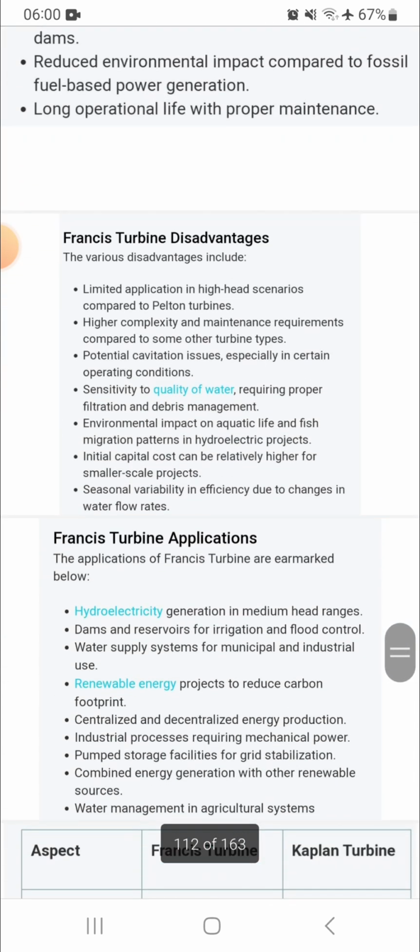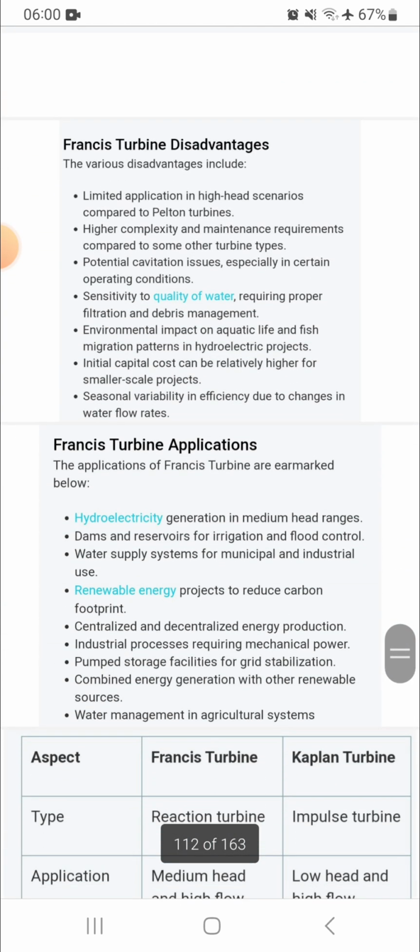Francis turbine disadvantages: limited application in high head scenarios compared to Pelton turbines, and higher complexity and maintenance requirements compared to some other turbine types.